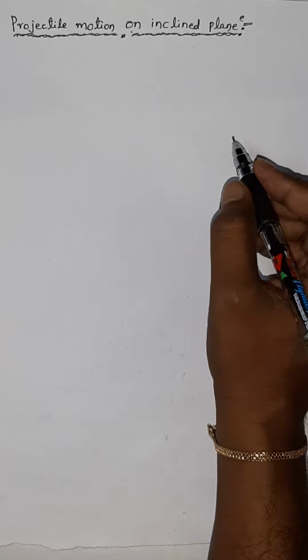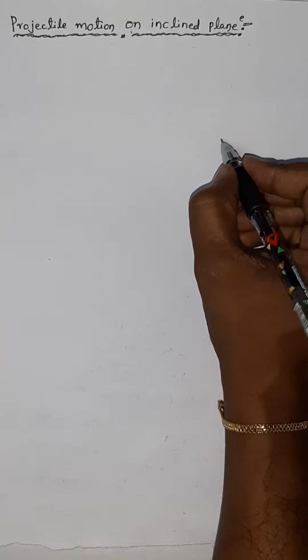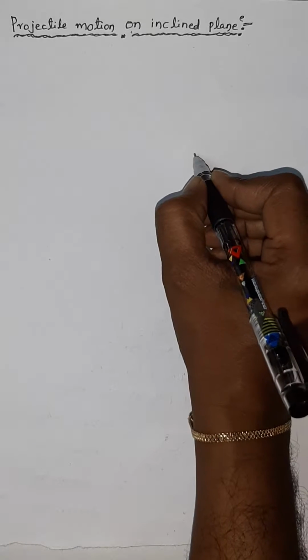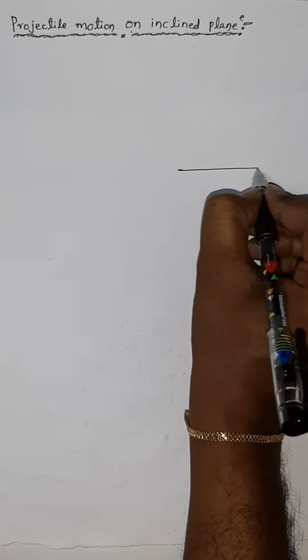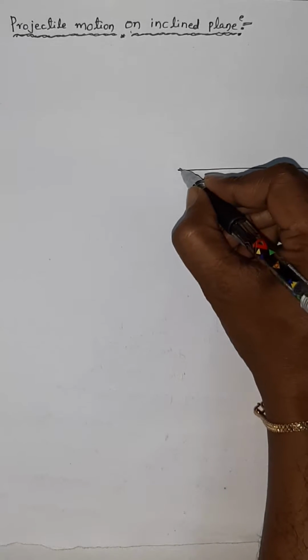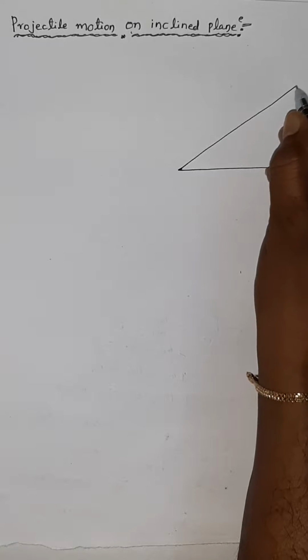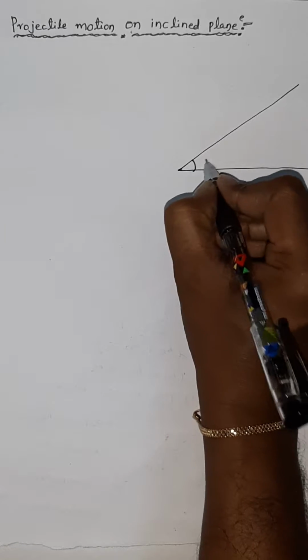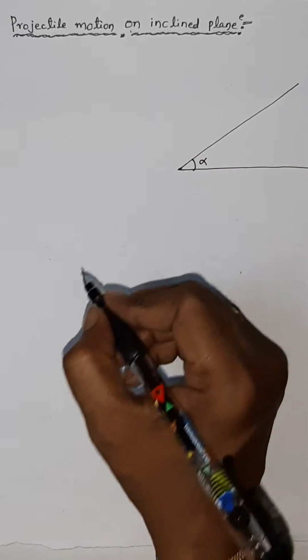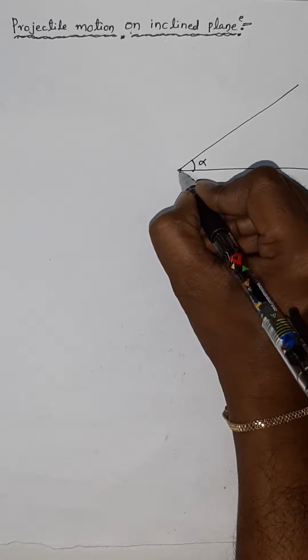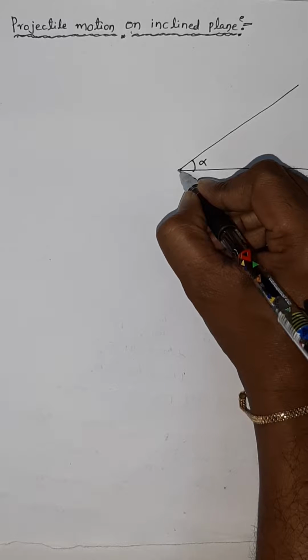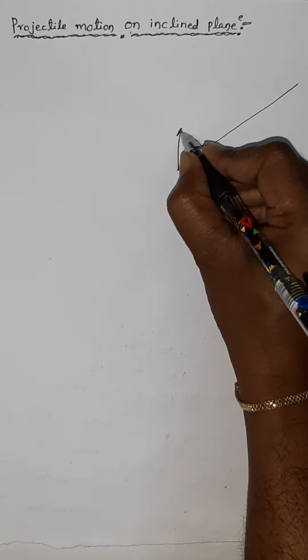For this, consider an inclined plane whose angle of inclination is, let us suppose, alpha. So this is an inclined plane whose angle of inclination is alpha, and throw the ball from a point, call it the point of projection. So give the velocity to the ball.